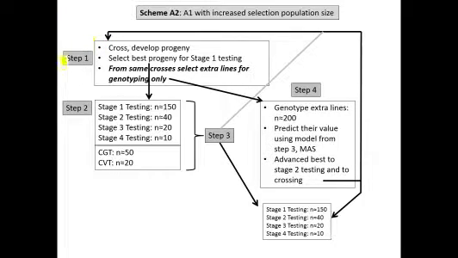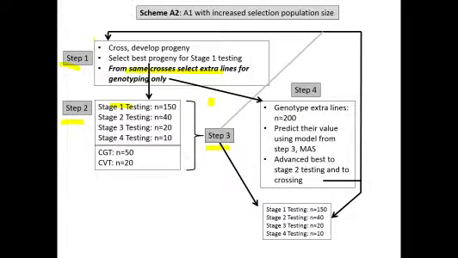These parts, Step 1, Step 2, and Step 3, are all the same as I showed in Scheme A1. The only difference is when you select these progeny that go into stage 1 of testing, from those same crosses you also select extra lines. These extra lines are not phenotyped, they're only going to be genotyped.